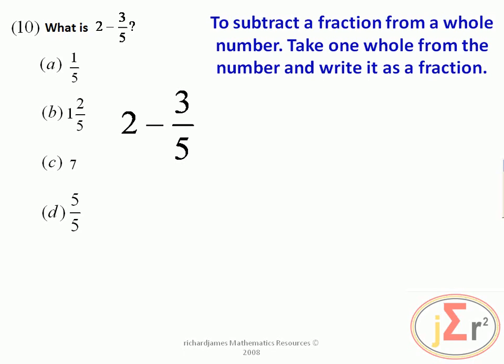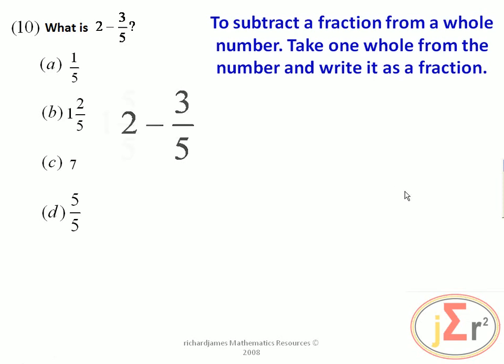So we have 2 wholes, and we take one whole and write it as a fraction. If we take one whole from 2 wholes, how many will be left? 1. Right, so one of the wholes will be written as a fraction and the other will be unaffected. It will just be right there.